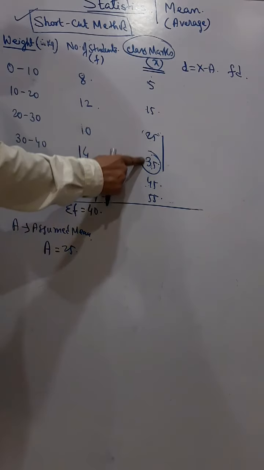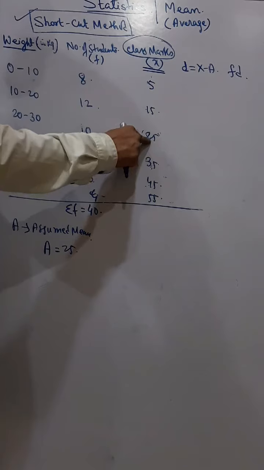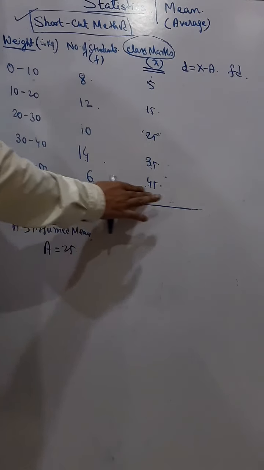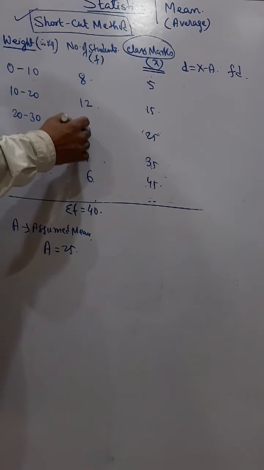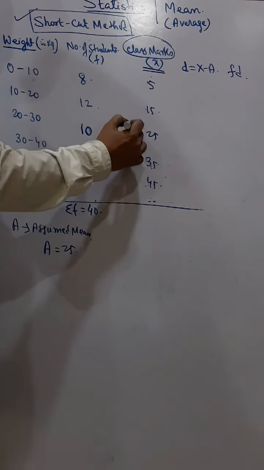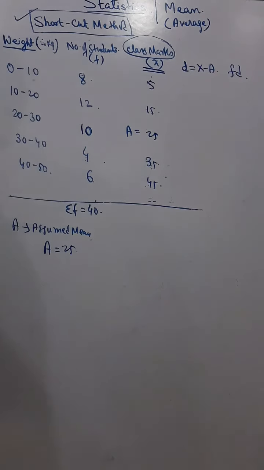But in this case, as you know, we directly got the mid value because this was missing. So finally here my assumed mean is 25.